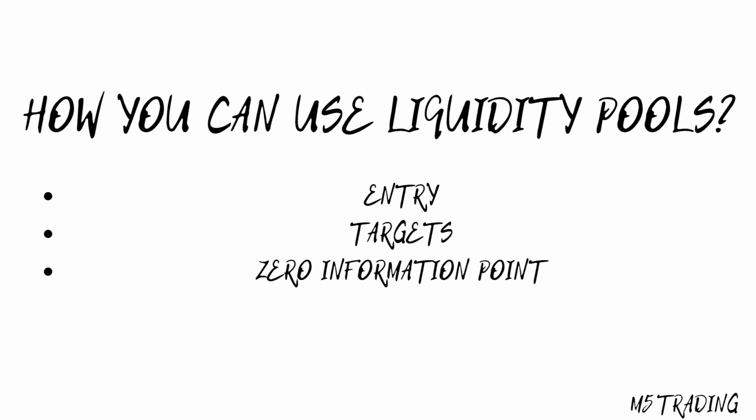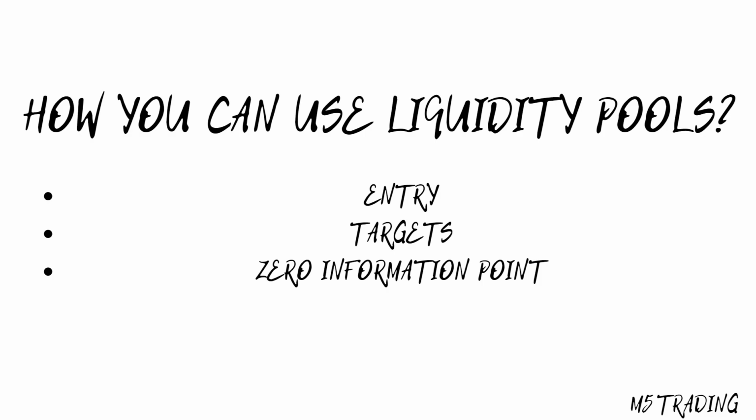If you remember, we just talked about the ways in which price can react on liquidity pools, and I said you never know how price will react on some sort of liquidity. So it's sensible to put there a zero information point.